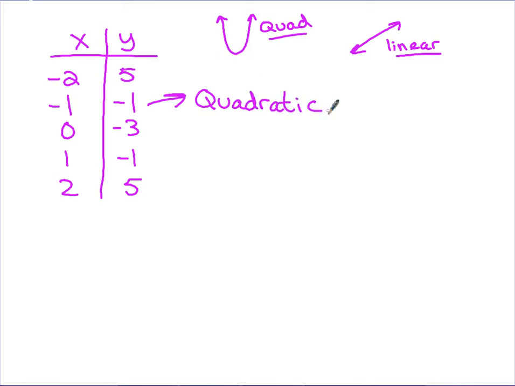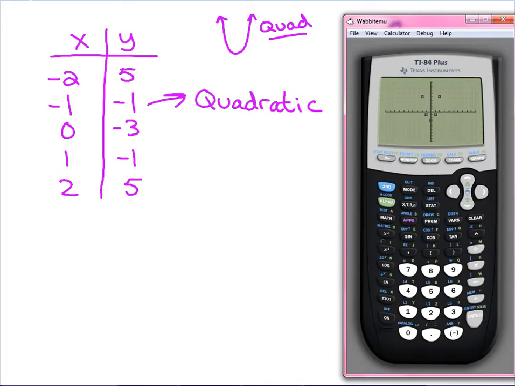Now that we know it's quadratic, we can make the calculator give us the equation that goes with those points. So this time hit stat, but instead of editing what's in the lists, go over to calculate. And since we know it makes a quadratic, we want option 5 right here. See, it even says quad.